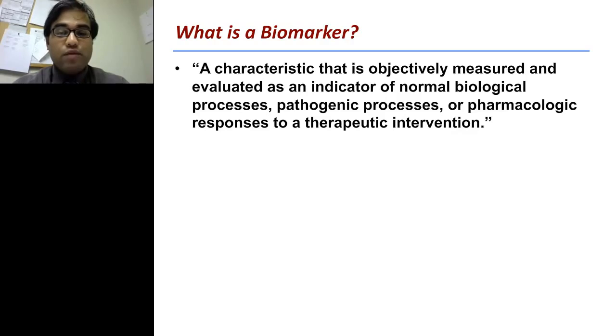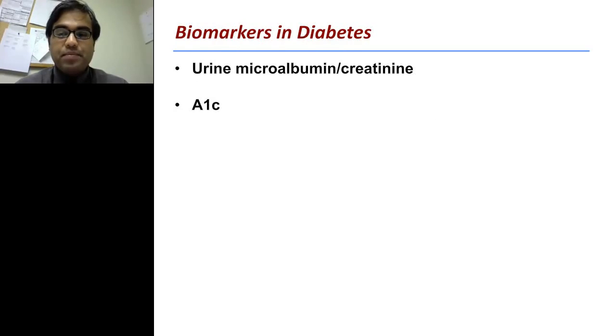So clearly for us here in diabetes, we are looking for a biomarker that correlates well with not only pathogenic processes, but probably also how an individual responds to a pharmacological therapy. So what are the available biomarkers that we have? What are the tools that we use currently?